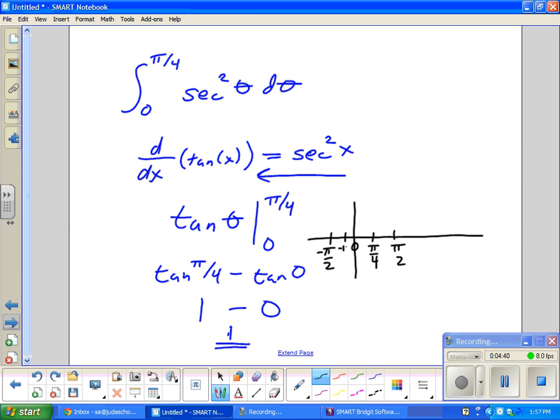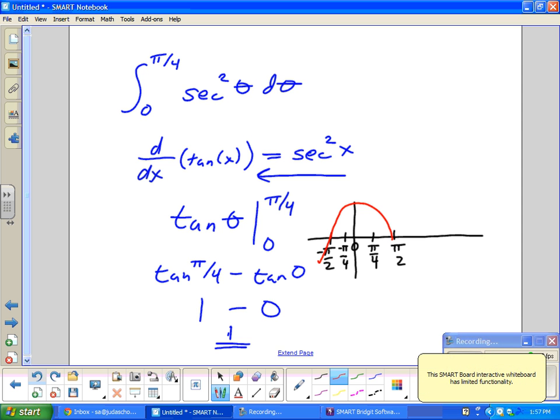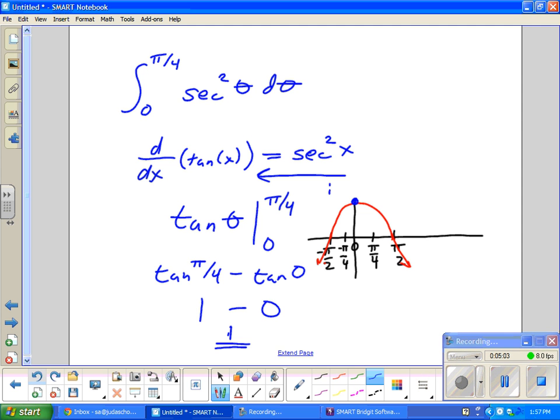Put those in. And I have to build this personally off the cosine curve, which I know looks like this, and it's not really to scale. And I know the secant curve then builds off of this, and approaches the asymptotes that secant has, because secant is 1 over cosine.